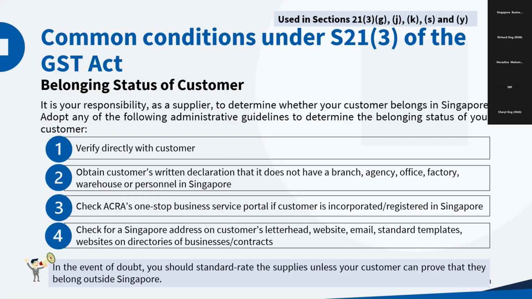You can also check the ACRA business portal to see if the customer is incorporated or registered in Singapore. And lastly, you can check for a Singapore address on their letterhead, website, email signatories, or business directories. If you're in doubt, you should standard rate the supply unless your customer can prove to you that they belong outside Singapore.